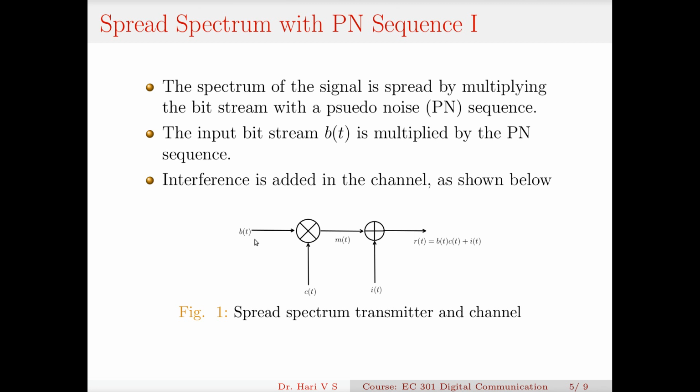So if this has a period T and this has a period Tc, T by Tc will be equal to capital N, the number of chips in one bit duration. So this will be a scrambled signal m(t). m(t) is passed through a channel. This is an additive channel, through which my enemies throw interference or jamming bits at me, and this is my received signal. r(t) is b(t)c(t) plus i(t). i(t) is the interference or jamming signal.